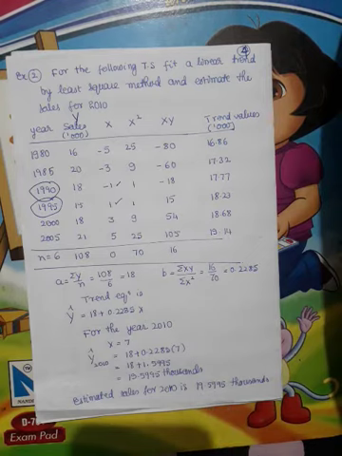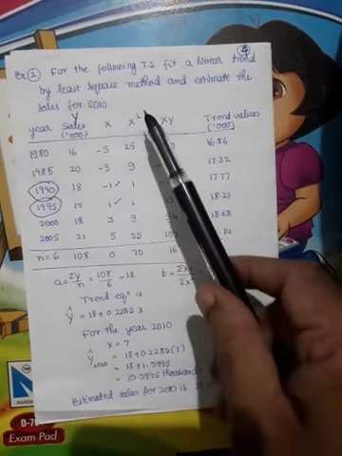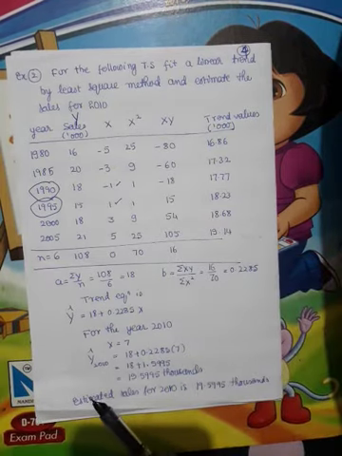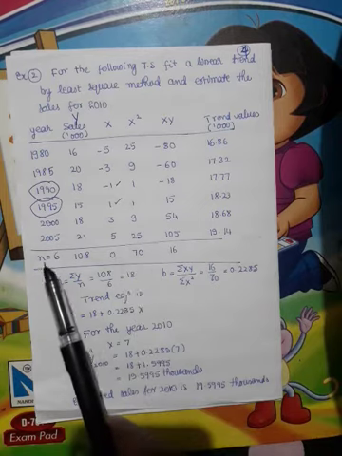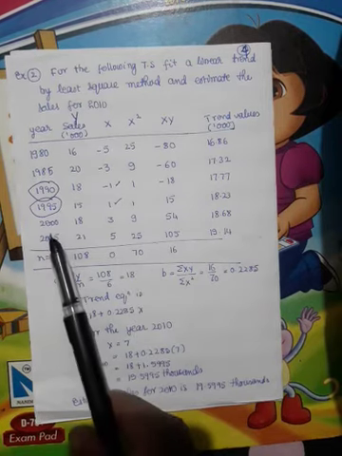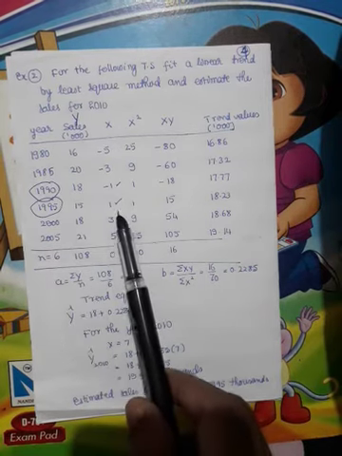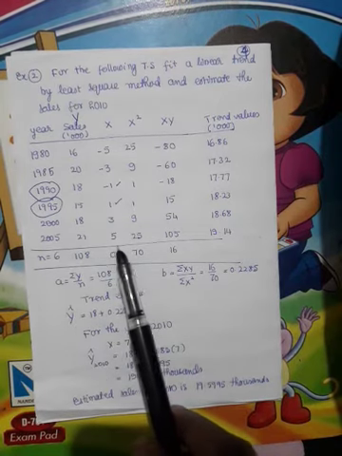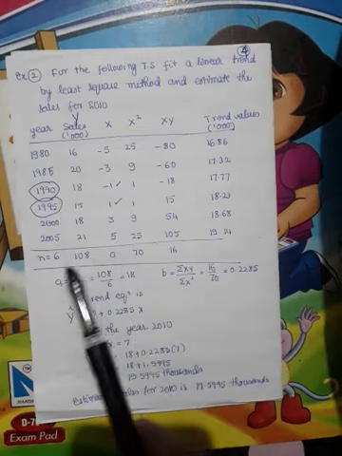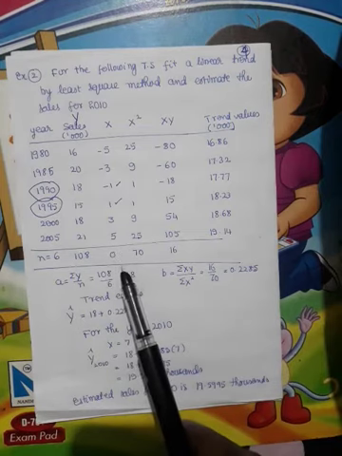thousands. Now we have to estimate for 2010. 2010 is the future year. So for 2010, we have to calculate x. For 1995, 1, 2000, 3, 2005, 5, 2010, x is equal to 7.